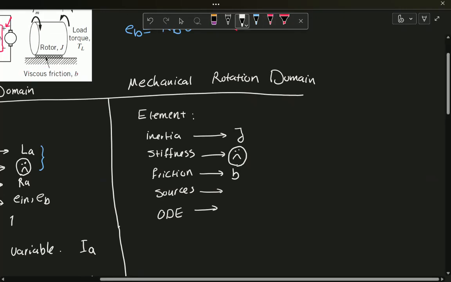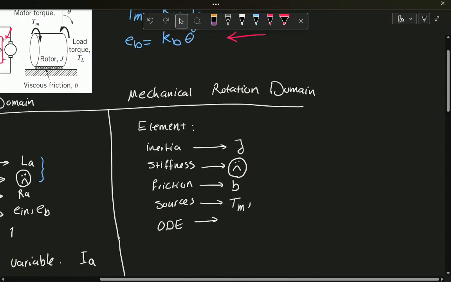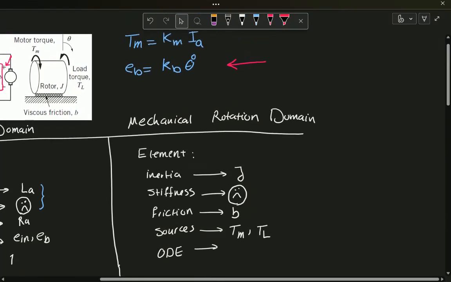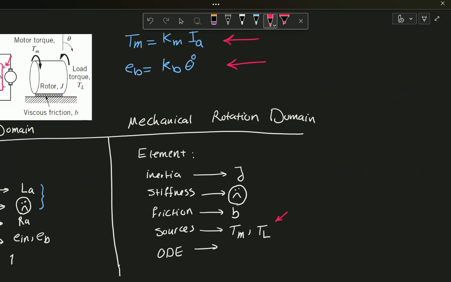And the sources here are Tm, which is basically the torque of the motor, and also TL. This is a load torque from the environment. This is something that I need to overcome. However, look at the Tm. Tm is actually your link to the electrical side, and we're going to substitute for Tm at the end.